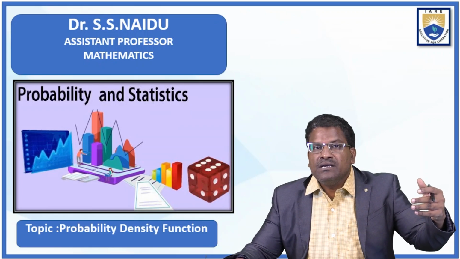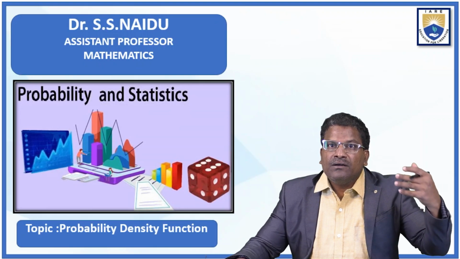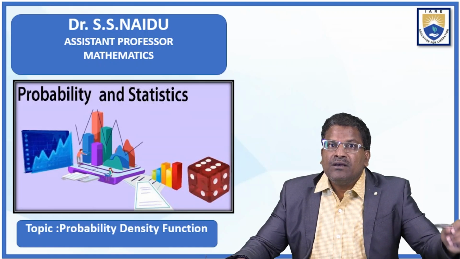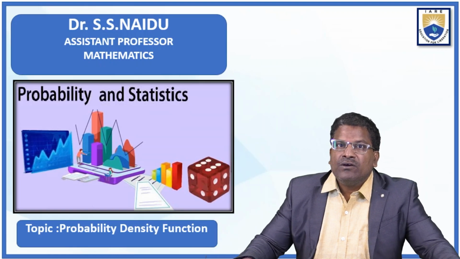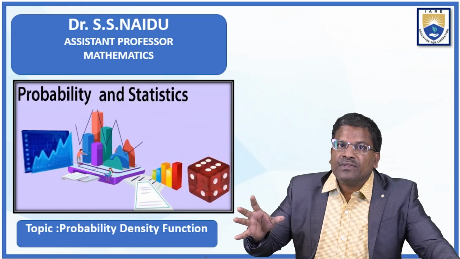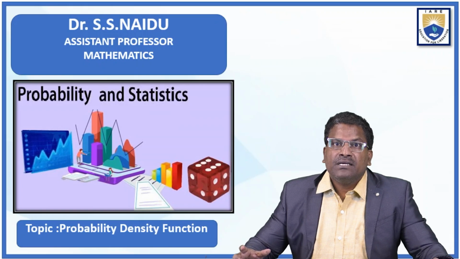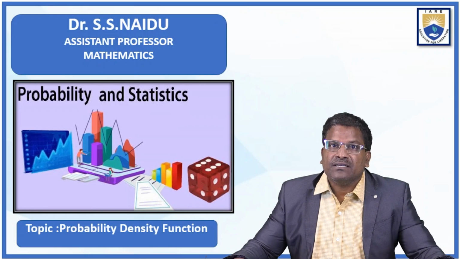Previously we have discussed the probability distribution for a discrete random variable. It is known as probability mass function. In the same way, we define a probability distribution for a continuous random variable. It is known as probability density function.